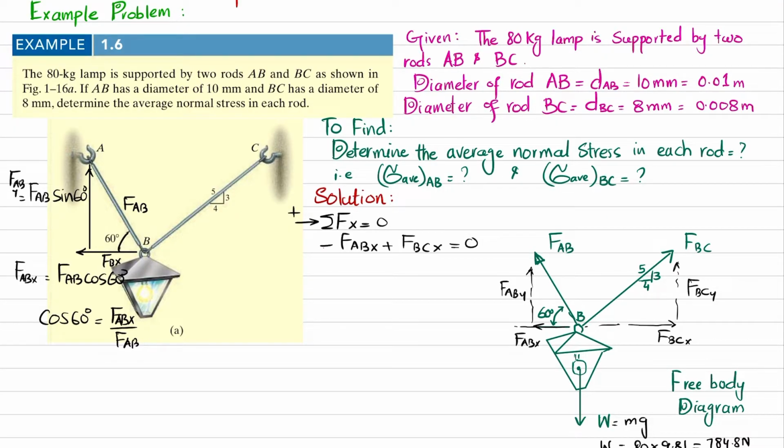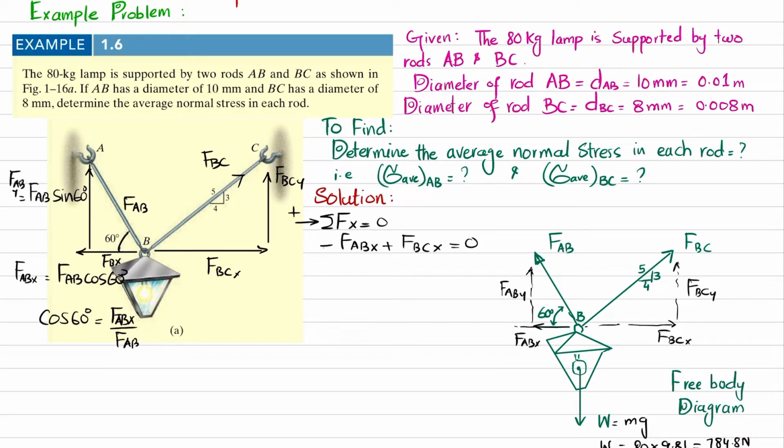And the same is the case if you take this component, let this force be FBC. So the FBCX component will be this one, and the FBCY component will be this one.